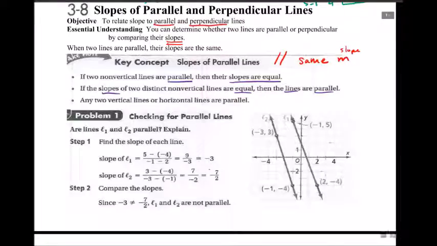Now, something important to remember here: any 2 vertical lines or any 2 horizontal lines are always parallel. So what do vertical lines look like?